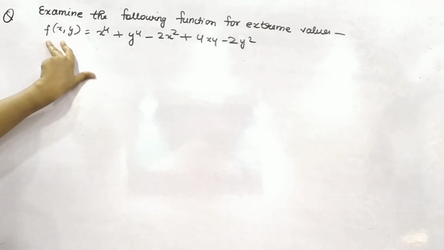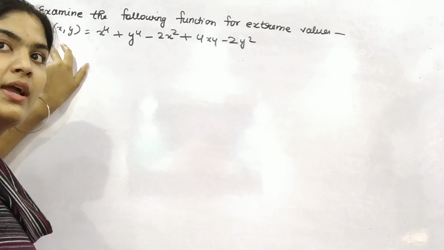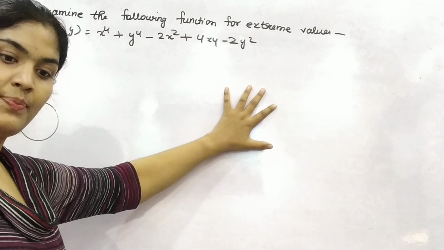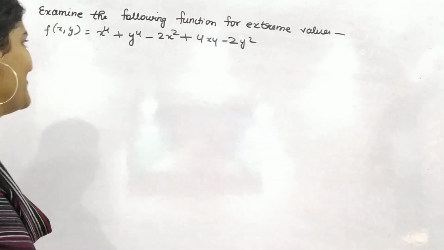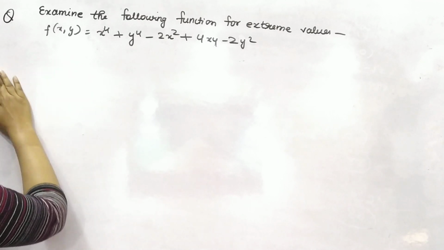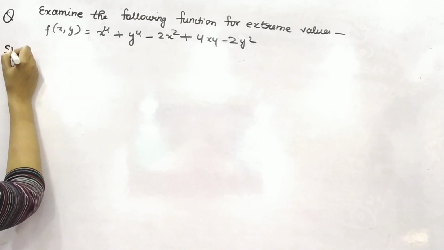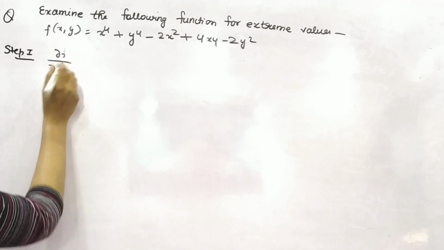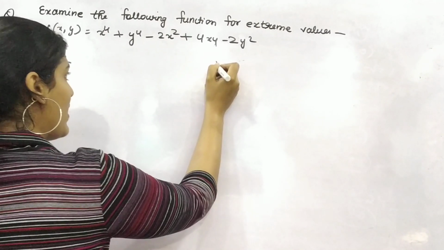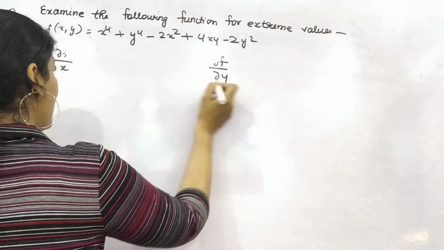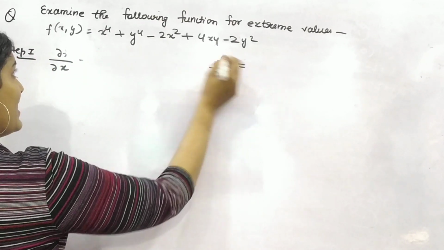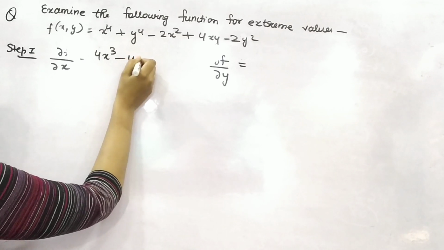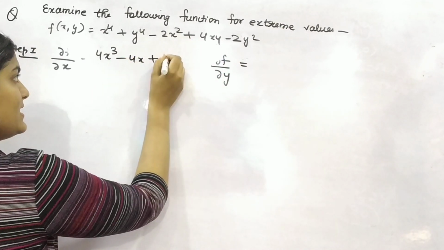So here you are given a function in terms of x and y, and you have to find the extreme values, okay? So what you need to do, this is f(x, y). First of all, your step 1 is to differentiate your function partially with respect to the variables, okay? So with respect to x, this is 4x cube minus 4x plus 4y, right?